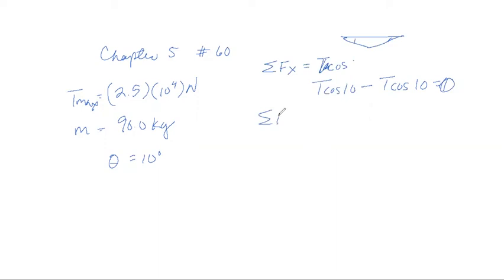And sum of the forces in the y equals T sine 10 plus T sine 10 equals the weight, 90 kg times 9.8 meters per second squared.